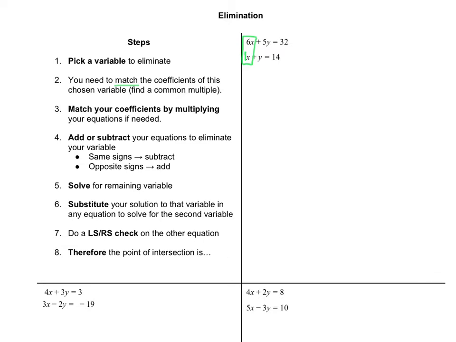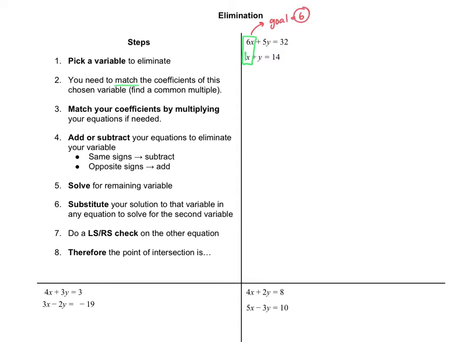You can think of this as the same process as when you're trying to find a common denominator. So if I look at 6 and 1, and we remember the shortcut to finding a common denominator, it's just multiplying your numbers. So 6 times 1 is 6. So our common multiple, or our goal, is going to be to get 6.